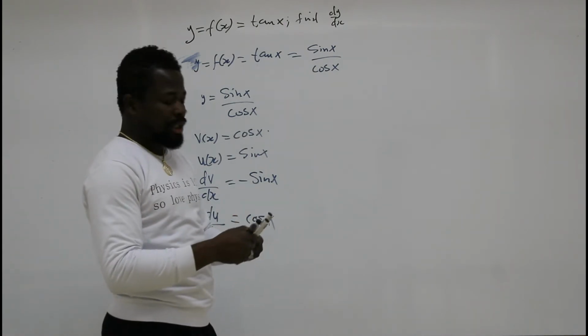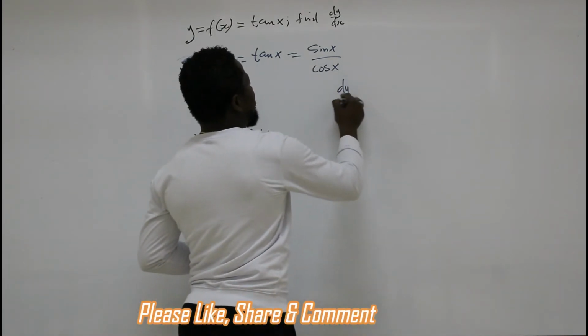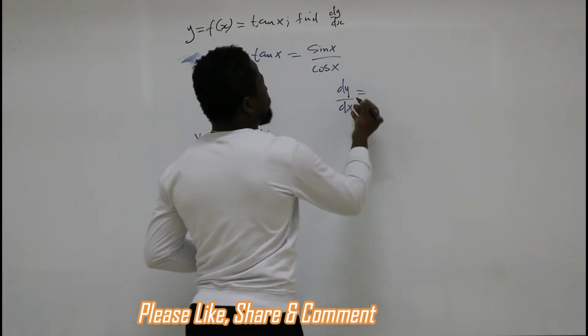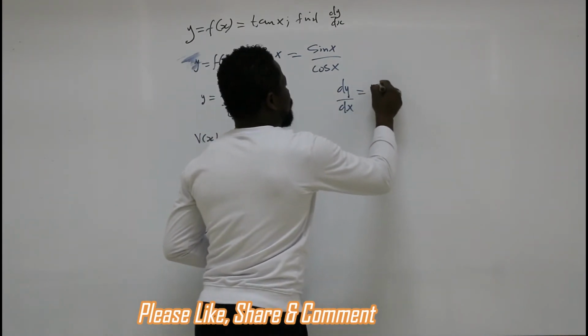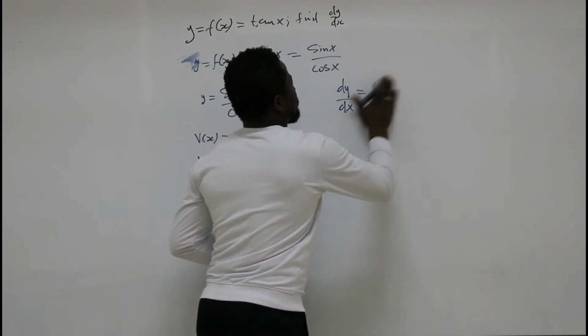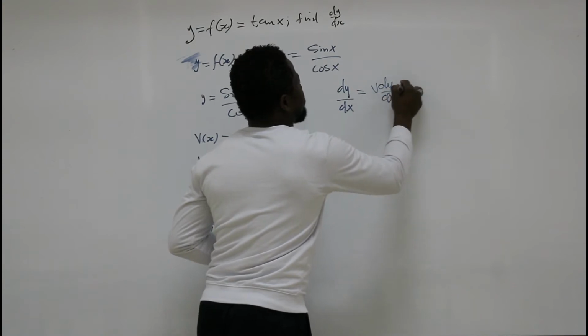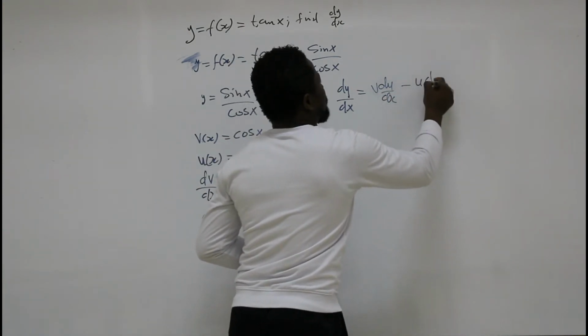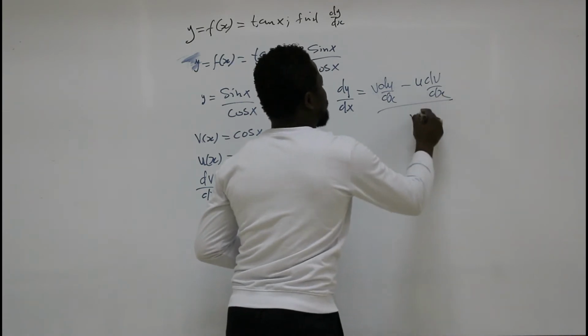To apply the quotient rule, dy/dx is going to be v du/dx minus u dv/dx, all divided by v squared.